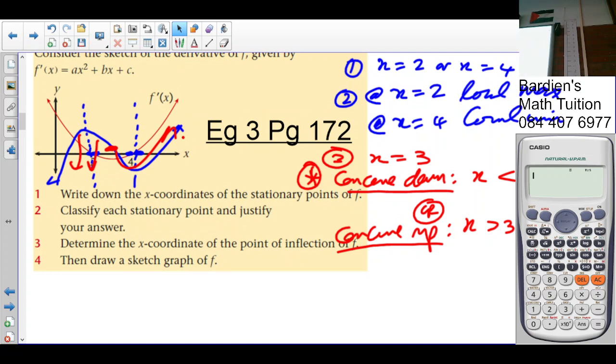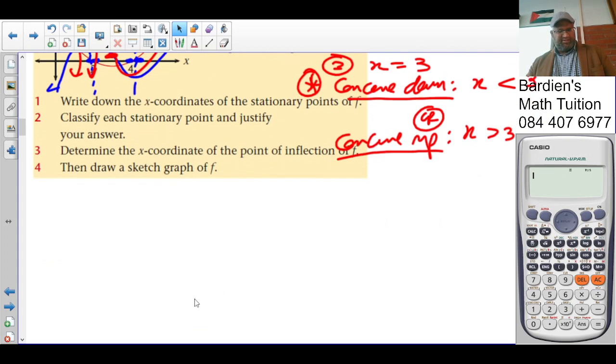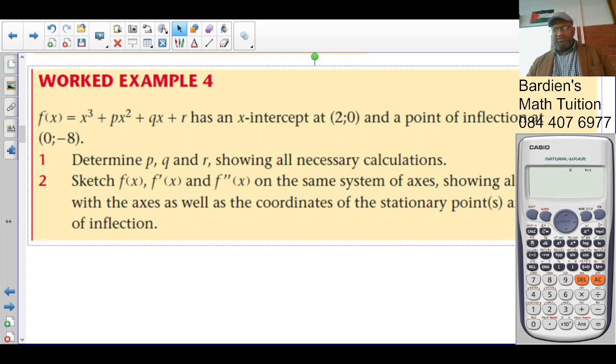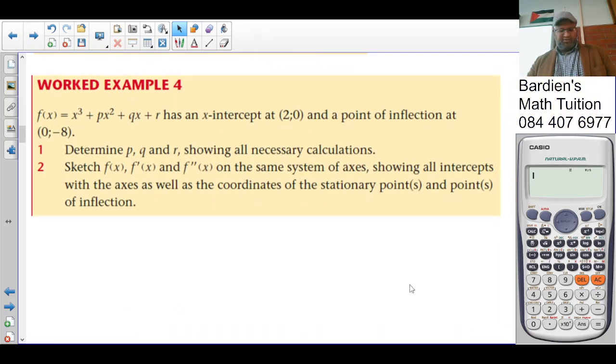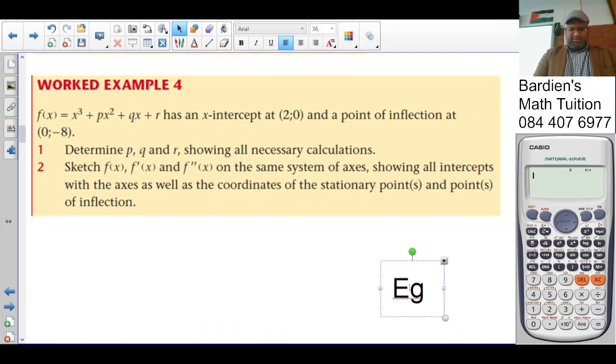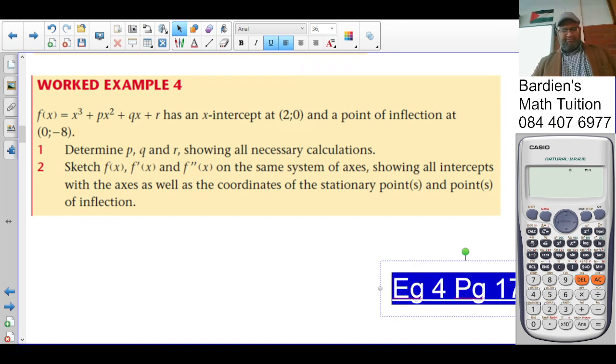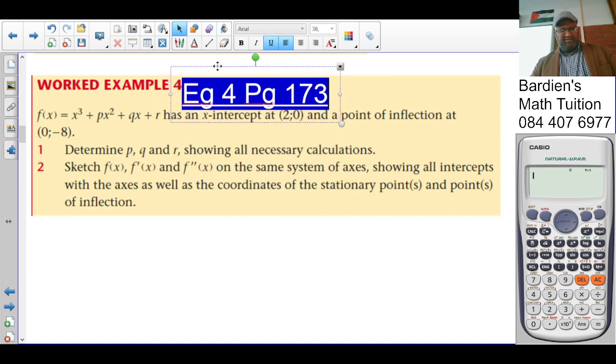Right, let's look at example 4. Example 4 is on page 173.